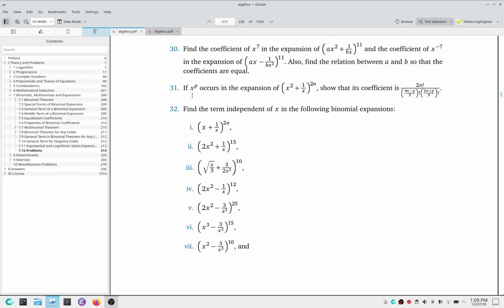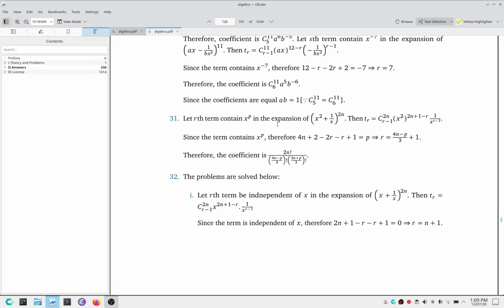So question 31 says that if x to the power p occurs in the expansion of x square plus 1 upon x raised to the power 2n, show that its coefficient is 2n factorial divided by (4n minus p upon 3) factorial times (2n plus p upon 3) factorial. So the general term, or rather the rth term, is given by 2n c r minus 1 times x square to the power 2n plus 1 minus r times 1 upon x to the power r minus 1.